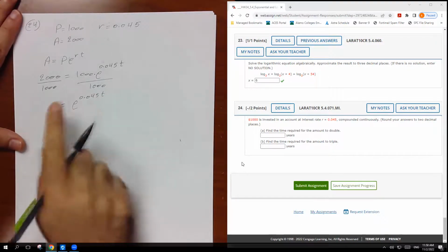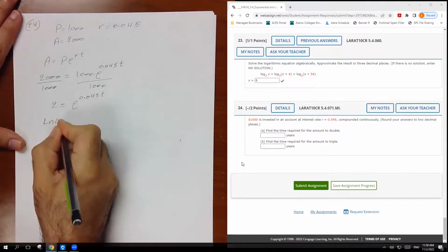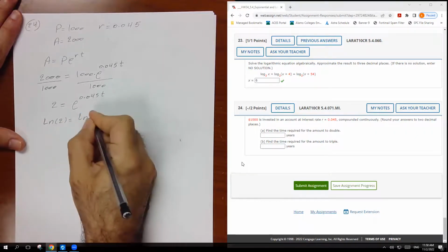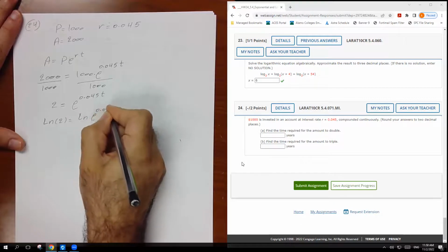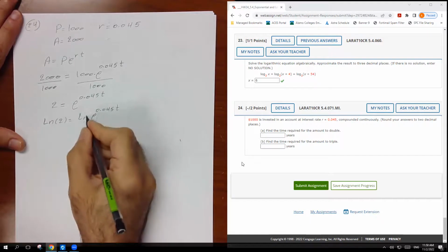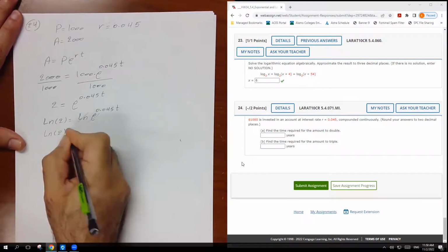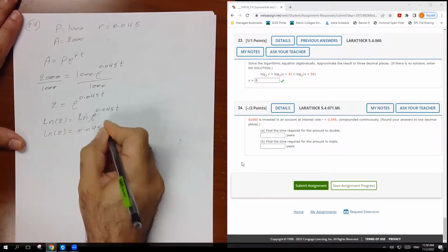Now, next step, we need to find the t, and there's an exponential, so I'm going to take ln of both sides. That means ln of 2 is going to be ln of e to the 0.045 t. Then cancel these. So it's going to be ln of 2 equals 0.045 t.